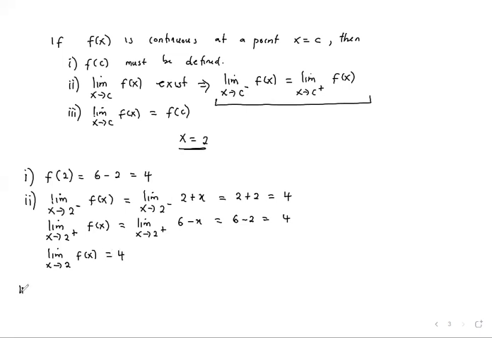And then you go to part 3. Part 3, we just check if what we got in part 1 is equal to what we got in part 2. So here we have the limit as x goes to 2 of f of x is equal to 4, which is the same as f of 2.